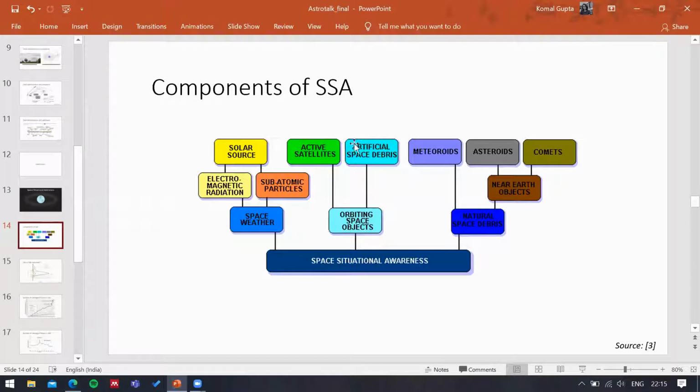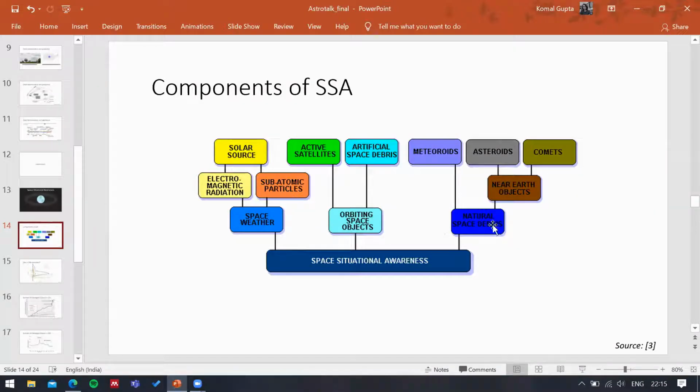Artificial space debris would also include inactive satellites or anything that we have left up there, even hardware that maybe flew away from somebody on the ISS or something like that. So all of these things constitute space debris, and the tracking part aims to keep a catalog of these things. The space weather part concerns itself with electromagnetic radiation, subatomic particles, solar radiation, or particles that come from the sun.